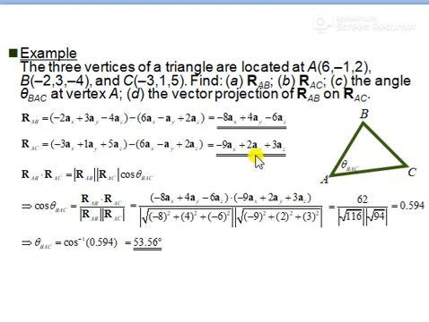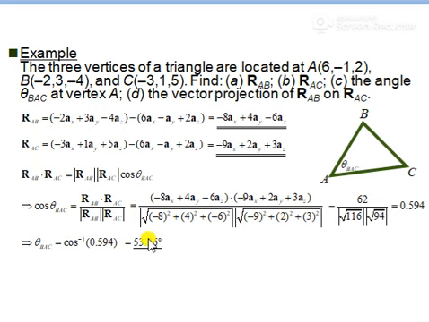Now we want the angle theta BAC, that is between RAB and RAC. Therefore we need the dot product of RAB and RAC, which will be modulus of RAB, modulus of RAC, cos theta BAC. So cos theta BAC is RAB, already calculated, dot RAC divided by modulus of RAB and modulus of RAC.